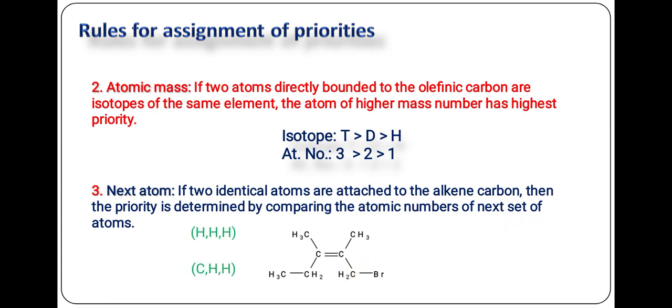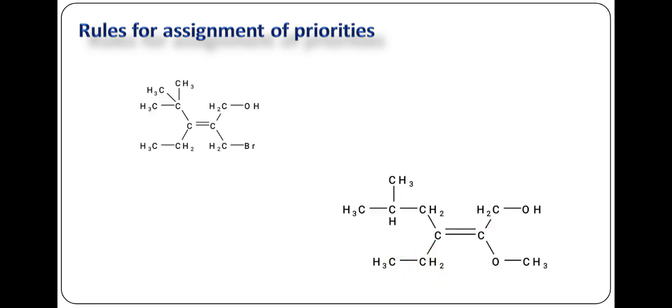Here hydrogen, hydrogen, carbon, hydrogen, hydrogen. First priority goes to CH2CH3, and in the second one first priority goes to CH2Br. So the first priority groups are present on the same side of the carbon-carbon olefinic bond, so the isomer is Z.